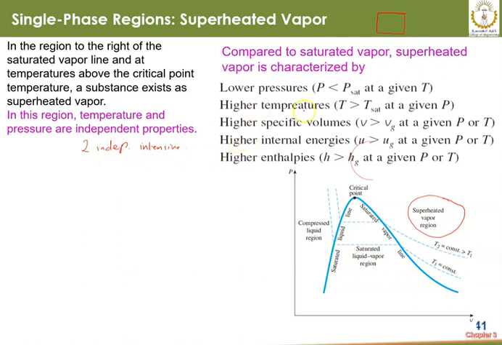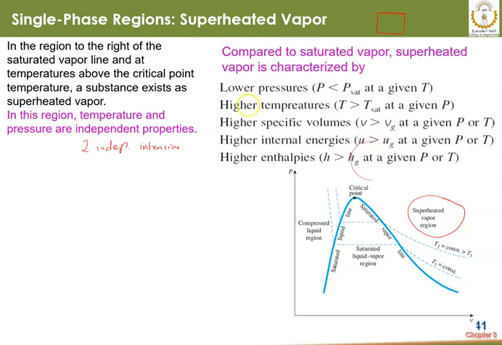We can have pressure and temperature. We can have pressure and specific volume, or temperature and specific volume, or internal energy and pressure or temperature, or enthalpy and pressure or temperature, or any combination of two properties.